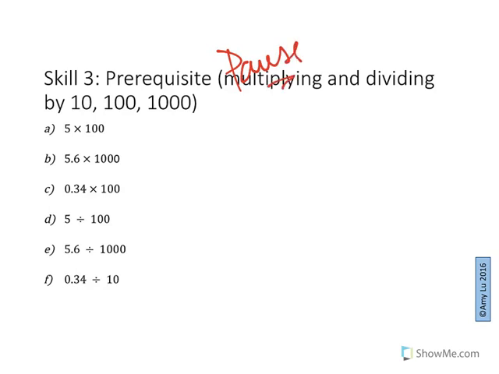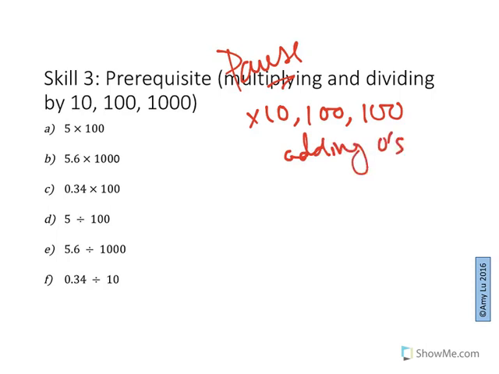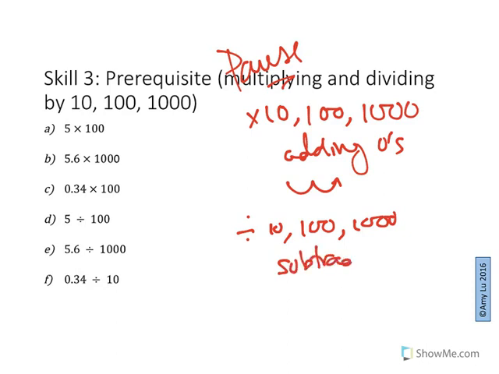If you're not sure what to do, remember when we multiply by hundreds or tens or thousands, we're either adding zeros or we're moving the decimal to the right. When we're dividing by tens, hundreds, and thousands, we're either subtracting zeros or we're moving the decimal to the left.